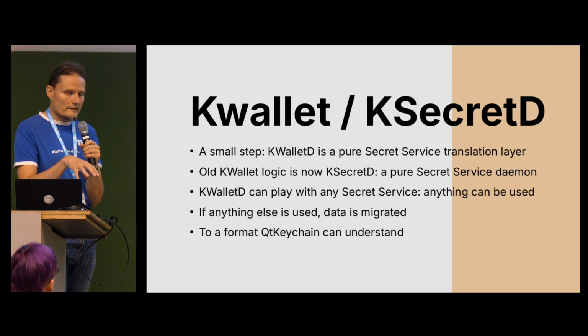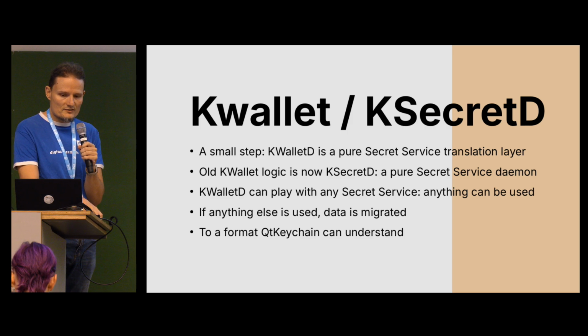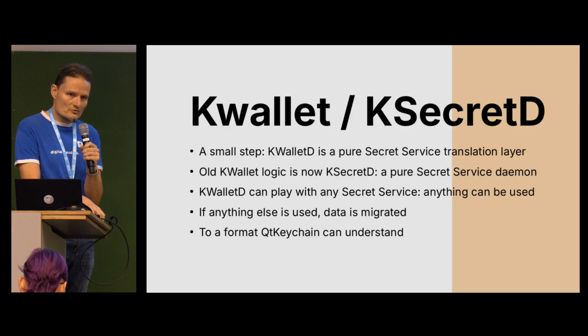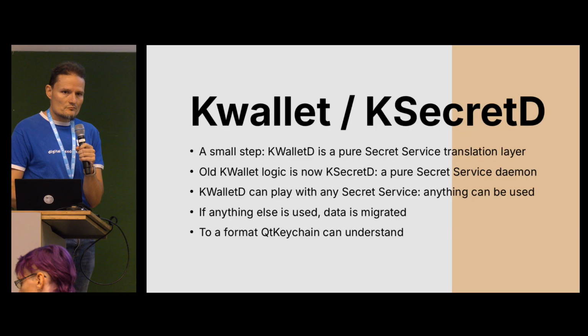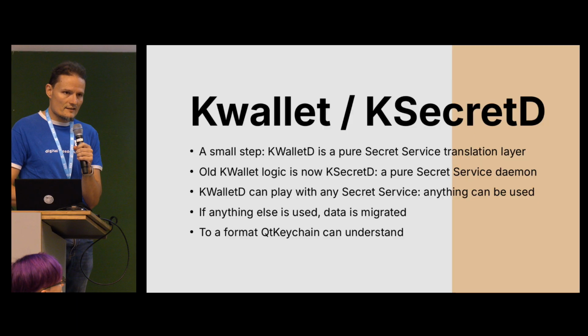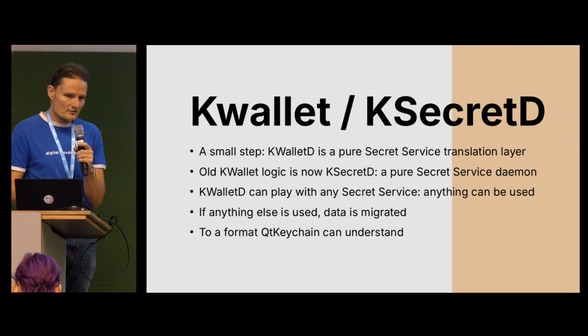So what does this give us? Mostly the fact that this new K-Wallet daemon is only a proxy to the Secret Service API. So if I want to use a new storage, let's say KeePassXC, there is so far just a kind of secret-ish configuration key.